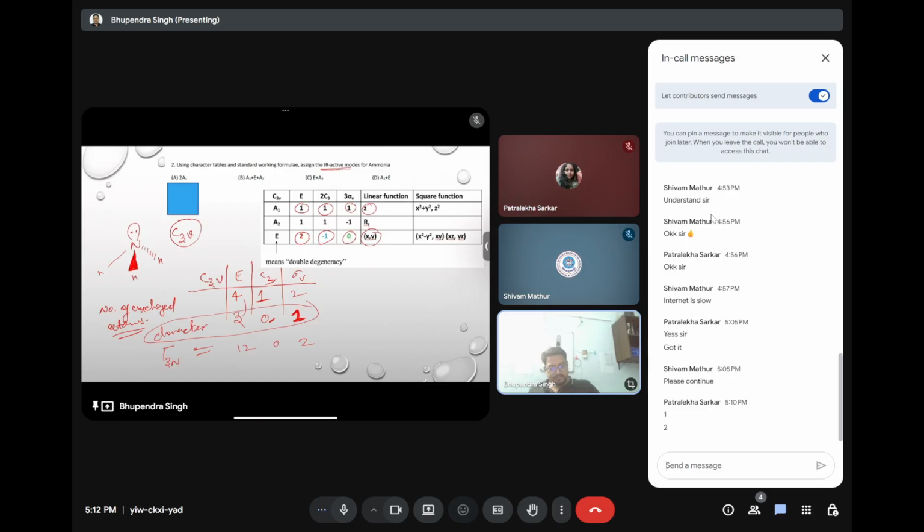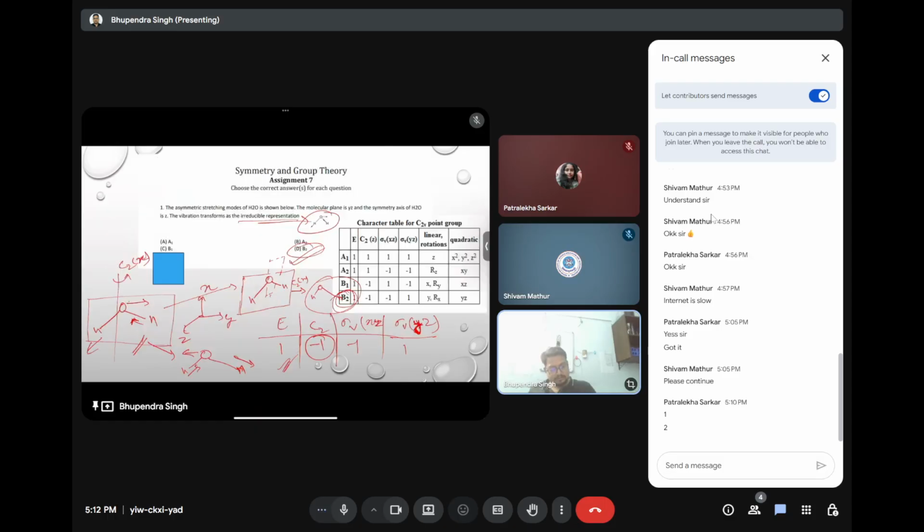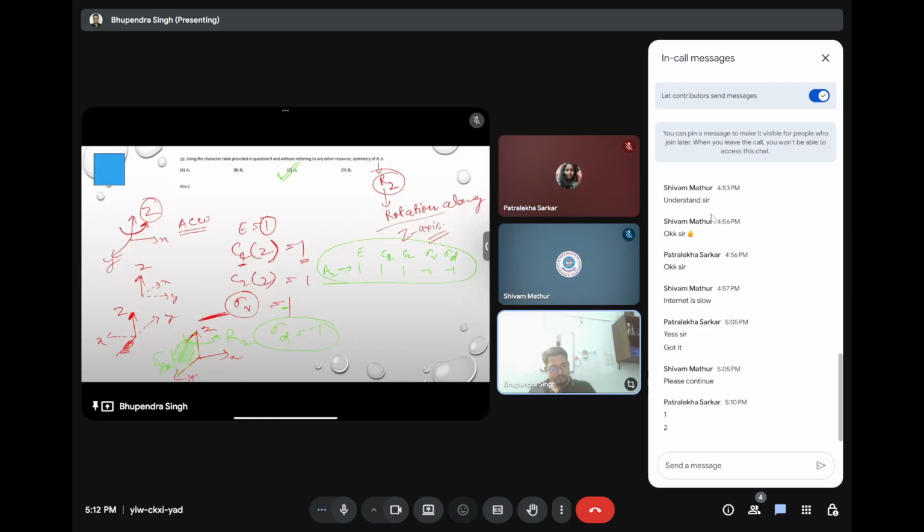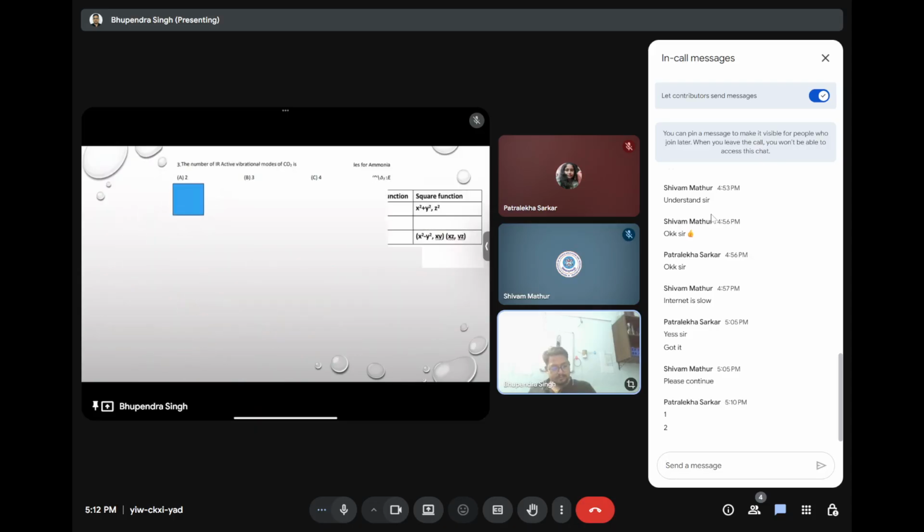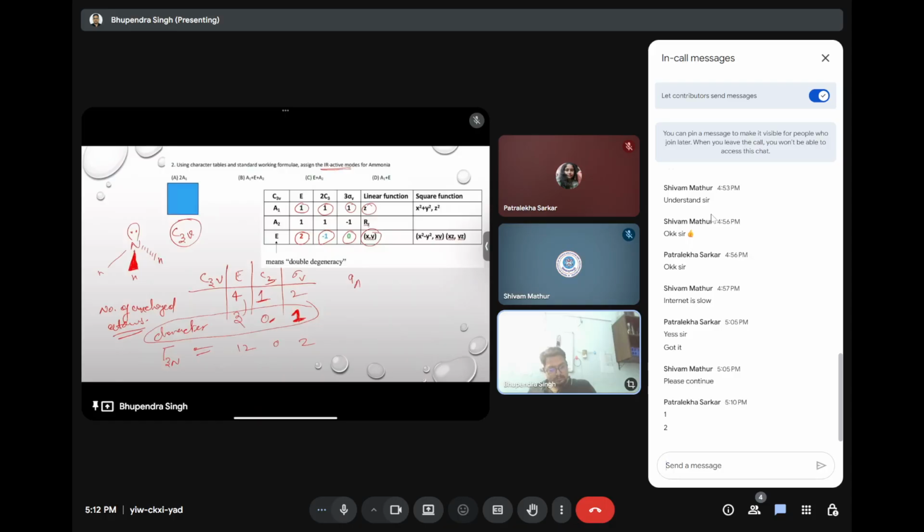Now try to find out the reduction. Here the order is 6, as you can see 3, 2 and 1. Total is 6.